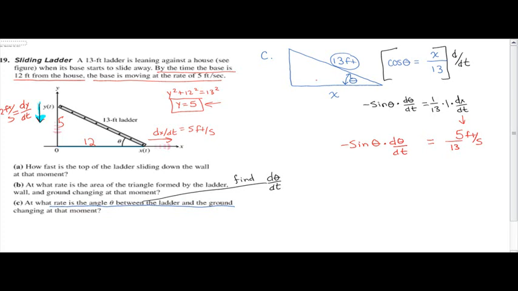Since I know that this was 13, this was 12, and that was ultimately 5, then I can say sine of theta equals opposite over hypotenuse, which is equal to 5/13. So that can be used instead of sine of theta.